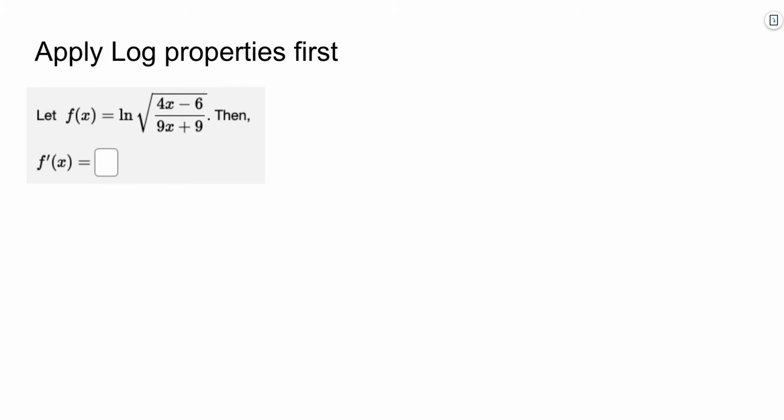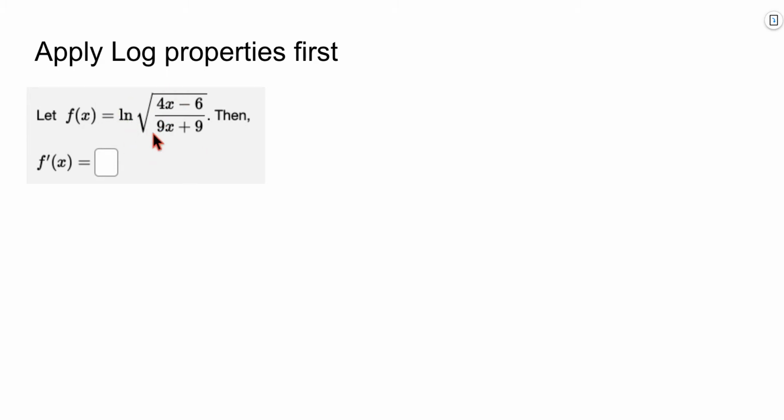We have 3 properties, right? So what we're going to do is apply log properties, which is going to expand this out and actually simplify it, because the same rules that if you have this plus that, you can take the derivatives individually. So this is where we're actually going to say, hey, logarithms are actually a pretty good friend.